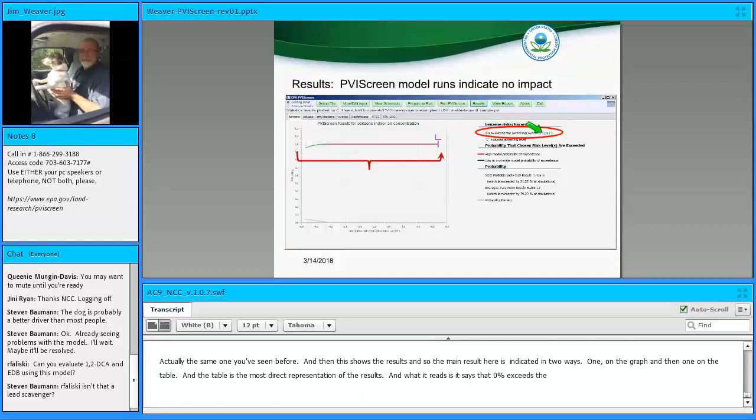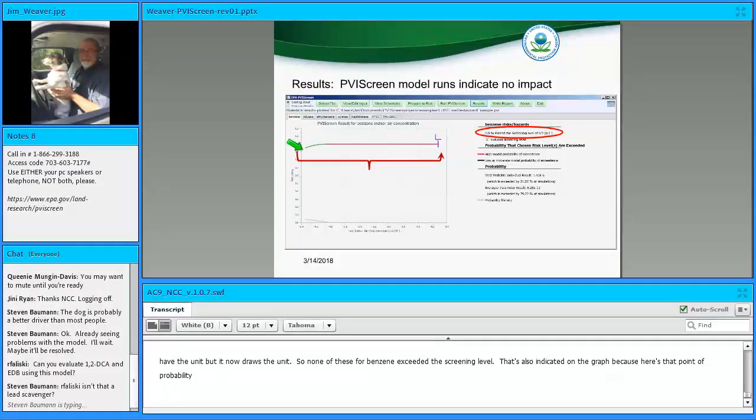This particular one did not have the unit, but it now draws the unit. So none of these for benzene exceeded the screening level. That's also indicated on the graph because here's that point of probability of 100%, and every calculated concentration is below that. So every calculated concentration was below the screening level, and it was pretty far below it.